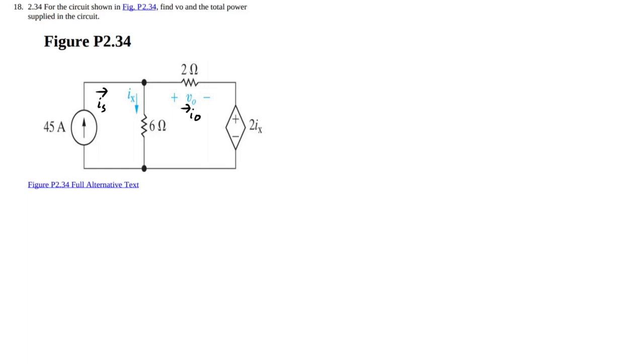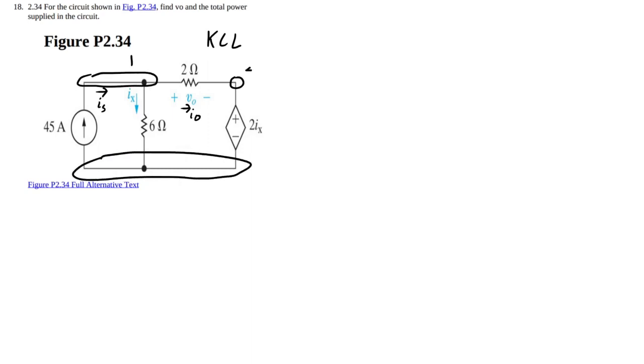So I0 is going to be the current flowing through the 2 ohm resistor. So anyway, we got KCL. Let me put the node labels back. Let's call this node 1, 2, and 3.